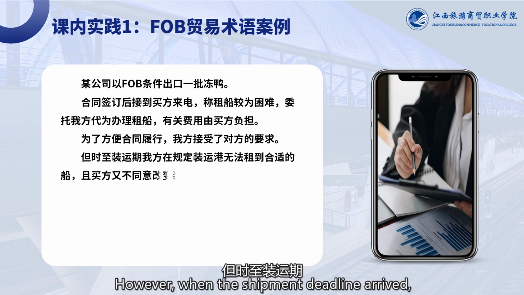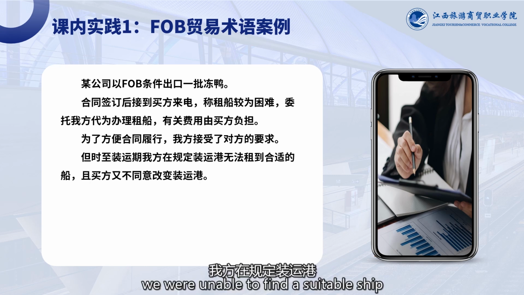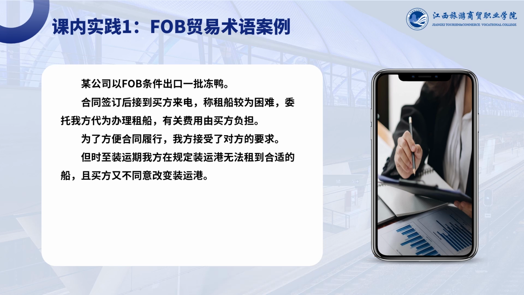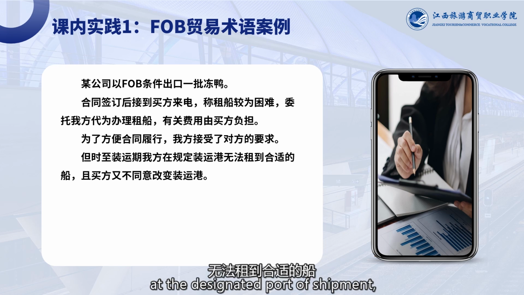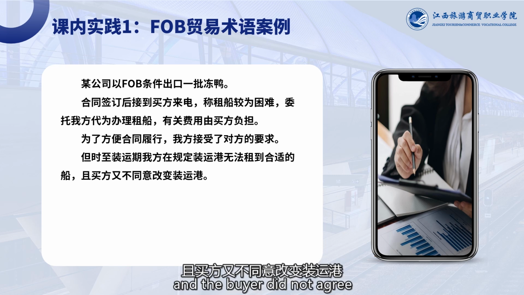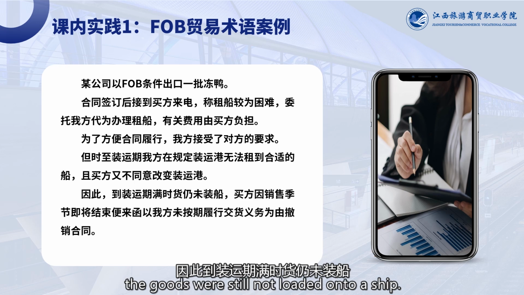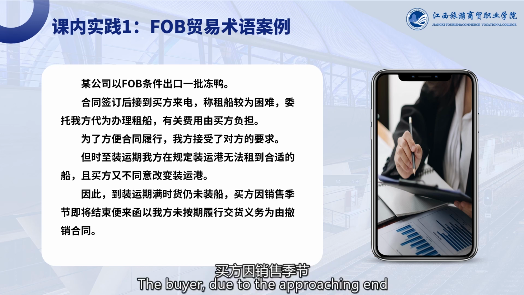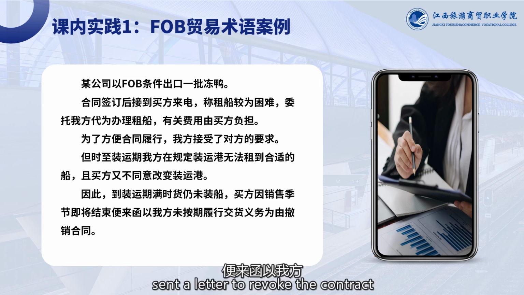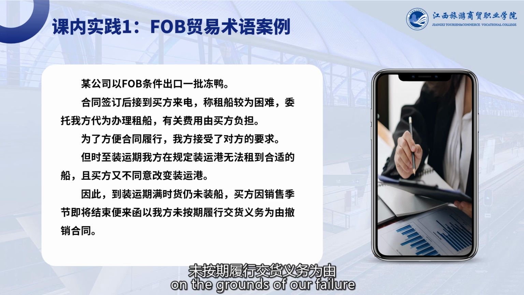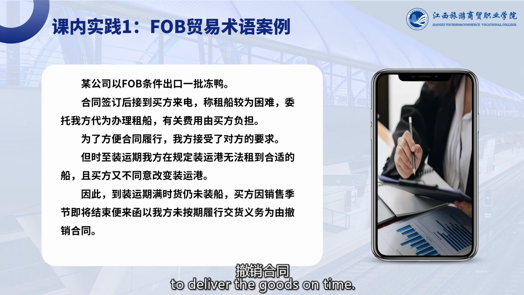However, when the shipment deadline arrived, we were unable to find a suitable ship at the designated port of shipment, and the buyer did not agree to change the port of shipment. Therefore, when the shipment deadline expired, the goods were still not loaded onto a ship. The buyer, due to the approaching end of the selling season, sent a letter to revoke the contract on the grounds of our failure to deliver the goods on time.